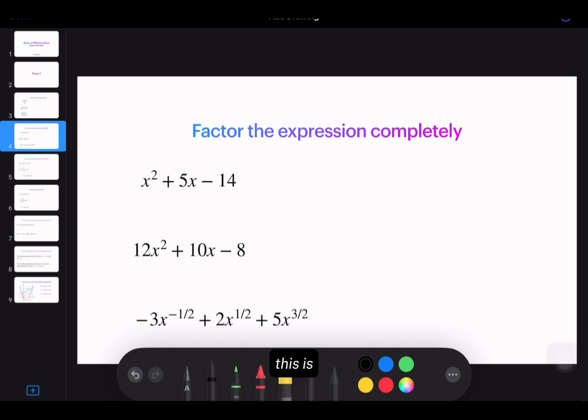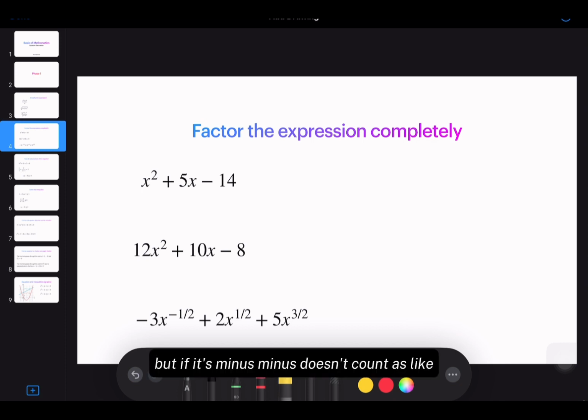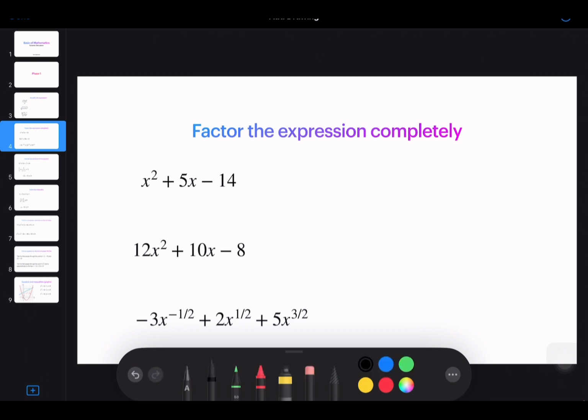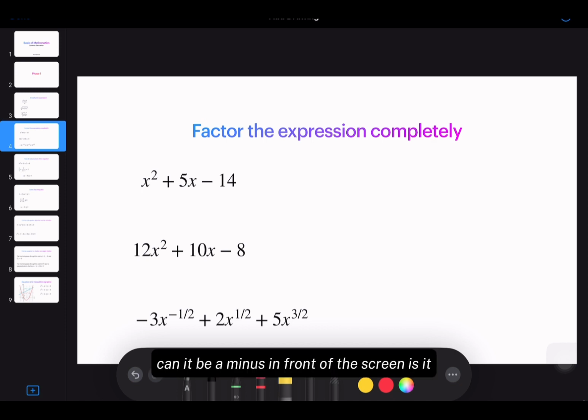And then this is... But if it's minus minus, does it count as like... Can it be a minus in front of the square root?